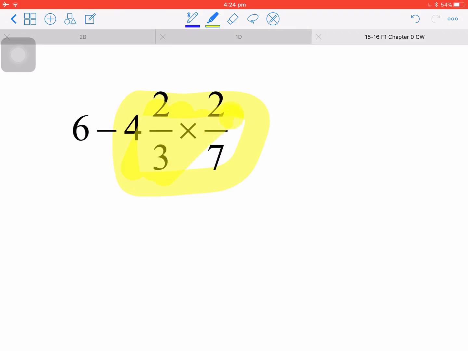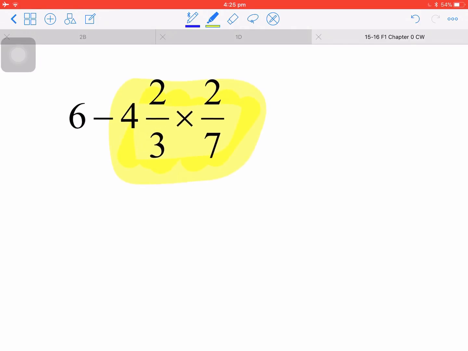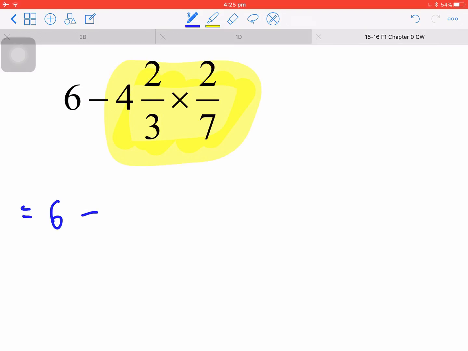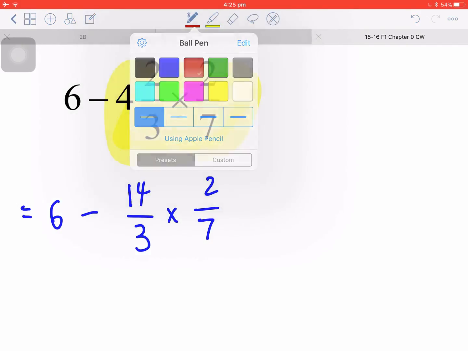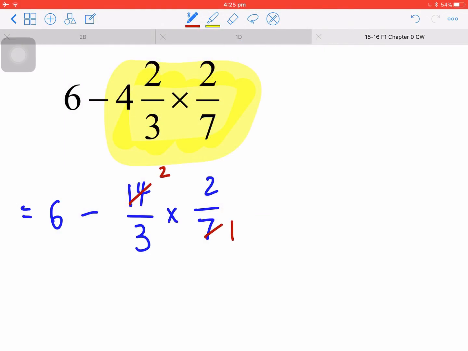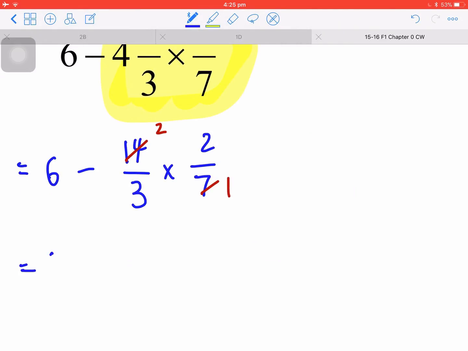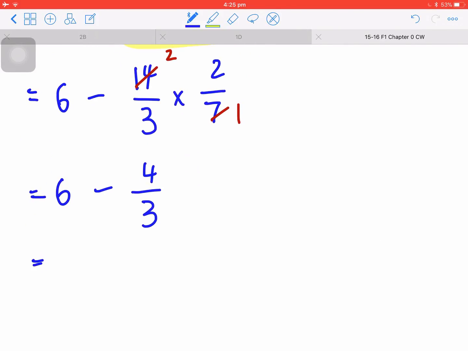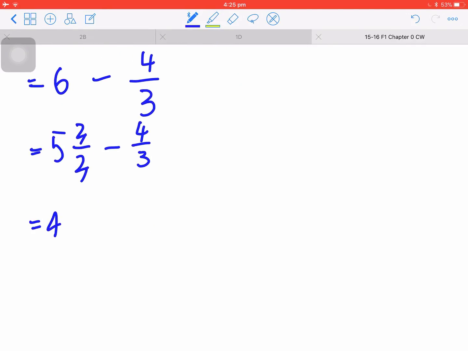Do you understand? Because that is the multiplication, so you change it to improper fraction, and then again do the simplification like this one, and you will have 6 minus 3, 4/3, and that is what we have. You can see it's not enough, so you have 4, 3, 6 here, minus 3, 4, so I have 4 and 2/3.